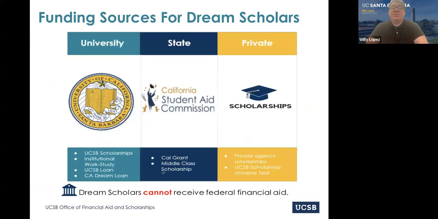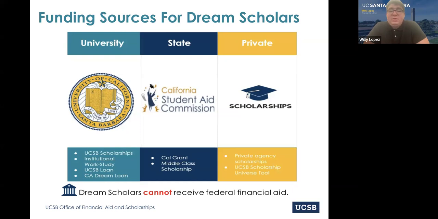So the difference with CADA applicants is that they still receive all the same kind of financial aid that you can be eligible for, except for federal. So CADA applicants still can apply and get UCSB scholarship, work study, UCSB loan, or California Dream Loan, as well as Cal Grant, middle class scholarship, and still look for those private scholarship opportunities.